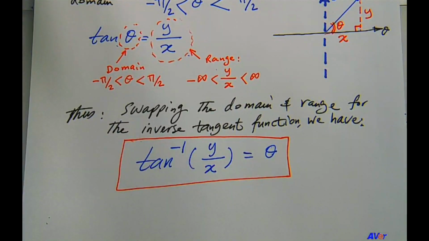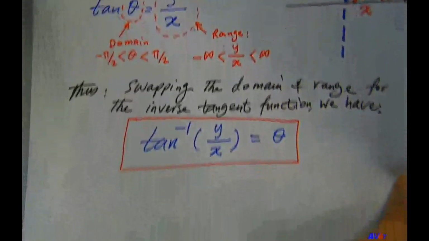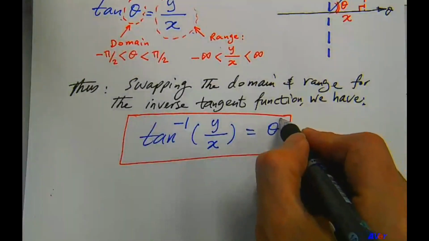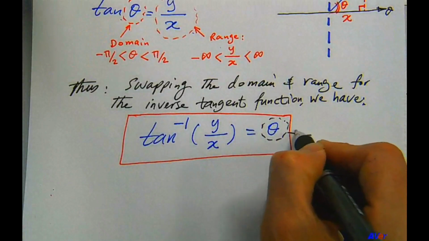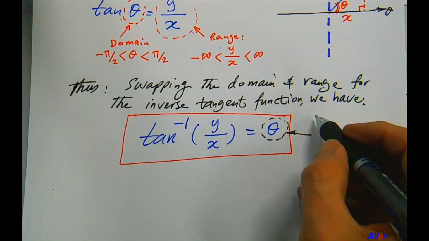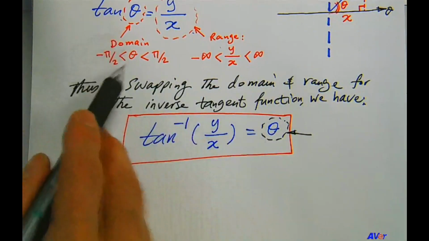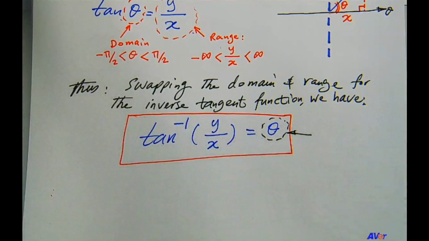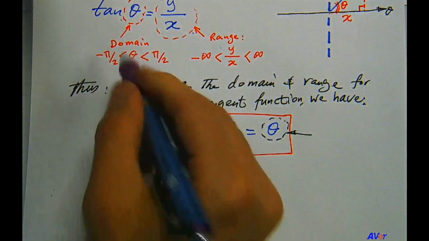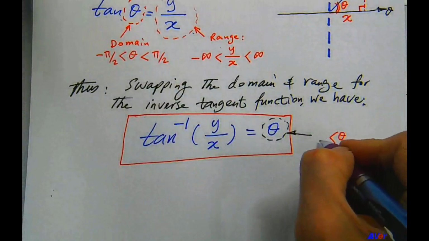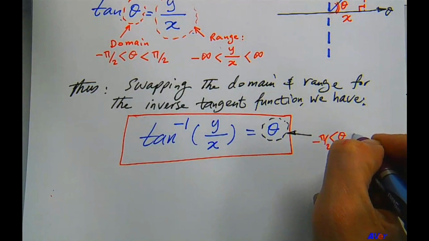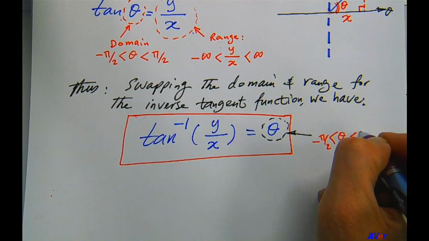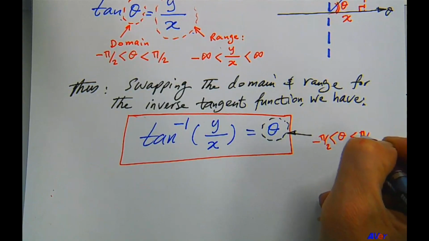All right, so everything is swapped between the original function and the inverse function. So now theta is going to range between negative pi over 2 and positive pi over 2.